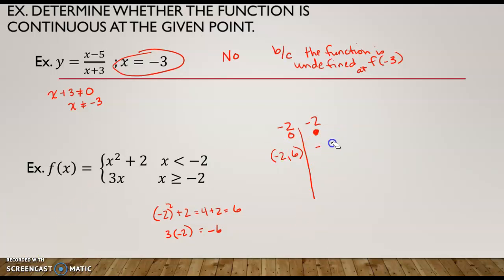So what you've got here is that from the left approaches 6. The right, coming in, approaches negative 6.